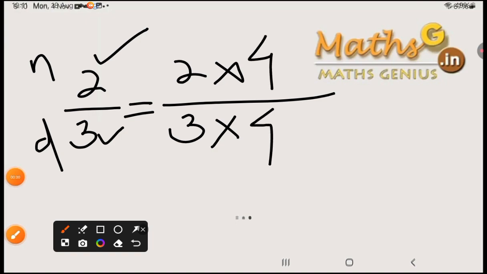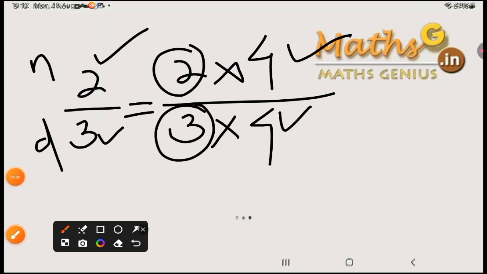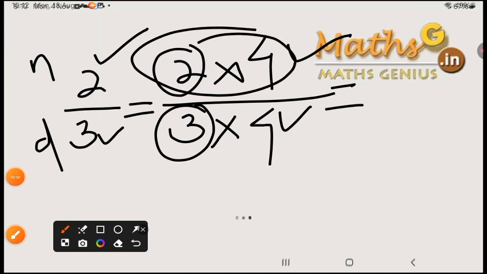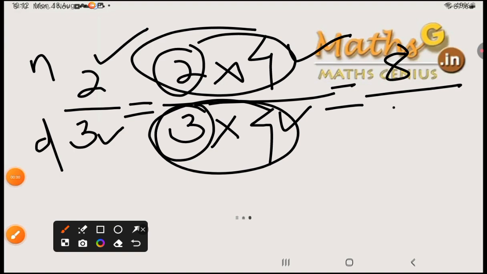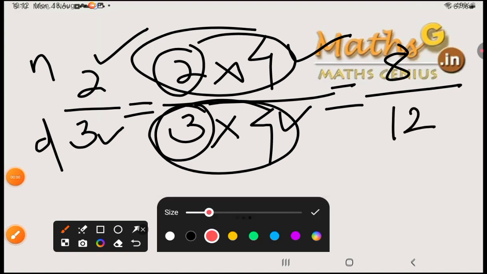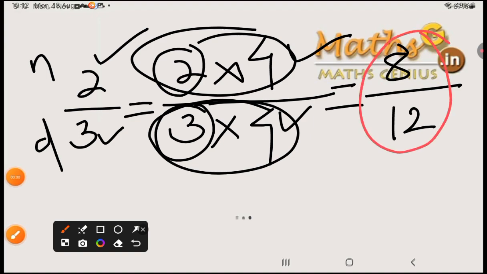I am multiplying the numerator with 4 and the denominator with 4 again, the same number. So 2 4s are 8, 3 4s are 12. So what fraction did we get here? 8 by 12, by multiplying the numerator as well as the denominator with the same number 4.